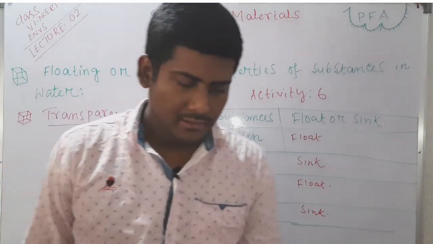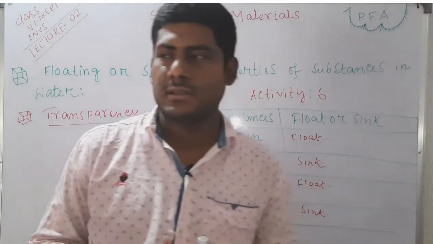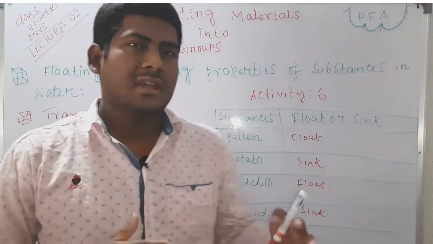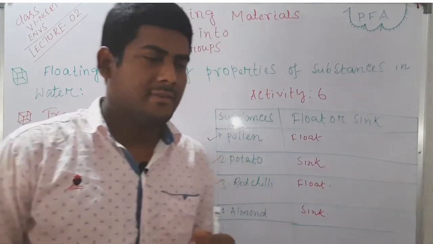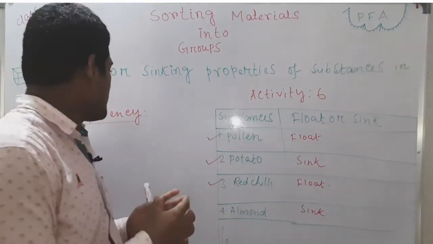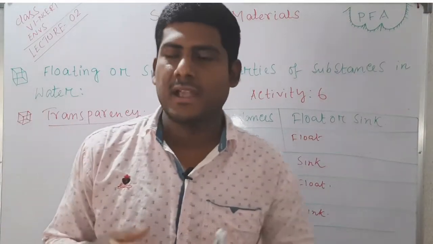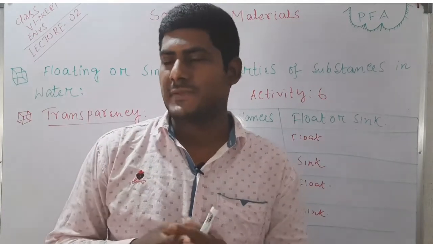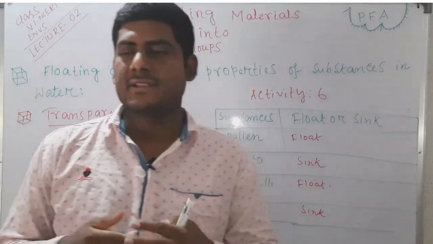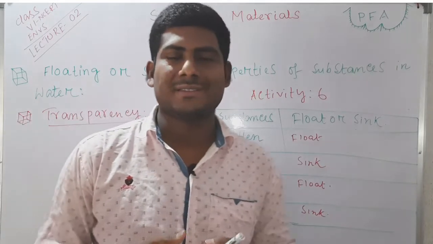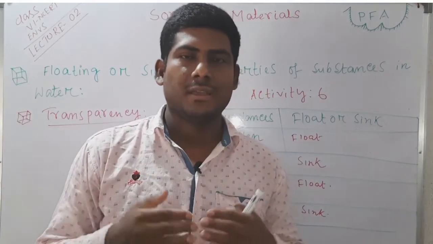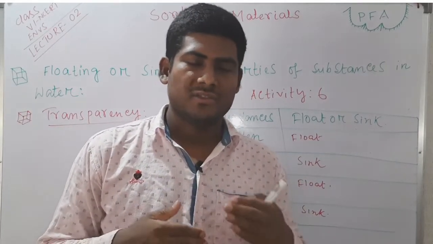Similarly, there are different types of substances which we use in our everyday life. Some of those are transparent and some of those are not transparent. Transparent substances are those substances through which any object can be seen.